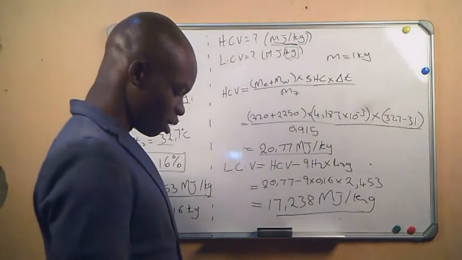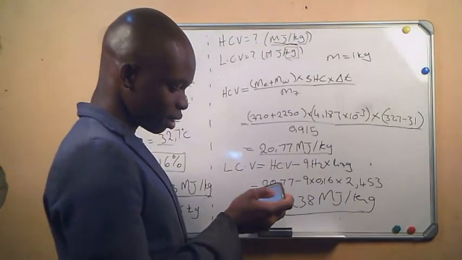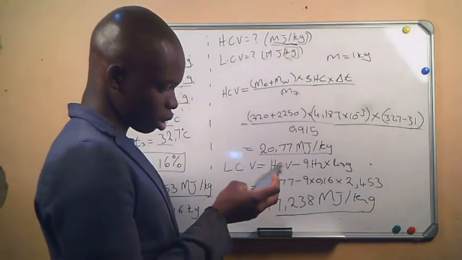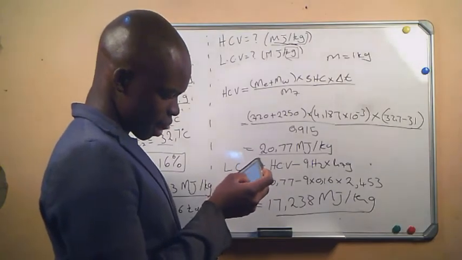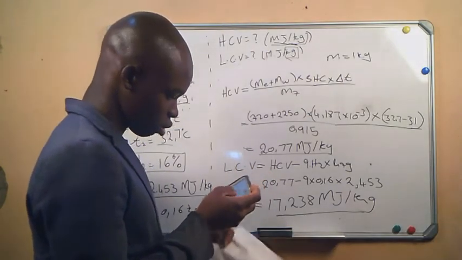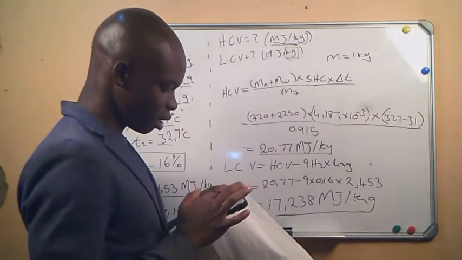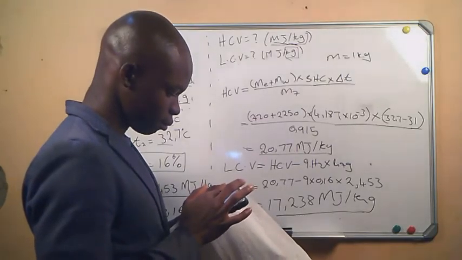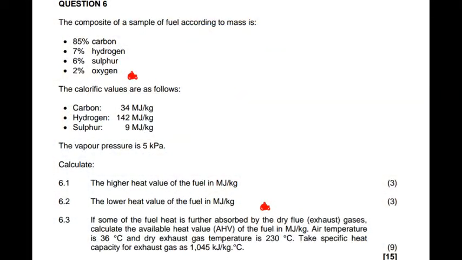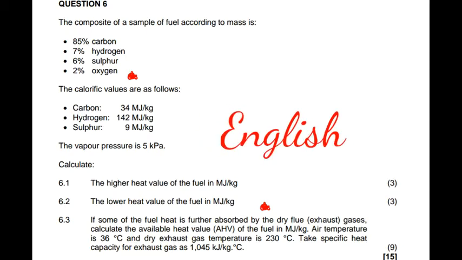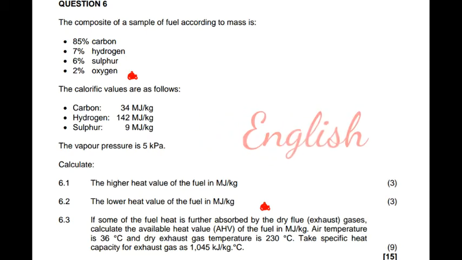I have another question. This is a question from a question paper which was written on 29 November 2019, and the question reads as follows: the composition of a sample of fuel according to mass is 85% carbon, 7% hydrogen, 6% sulfur, 2% oxygen.